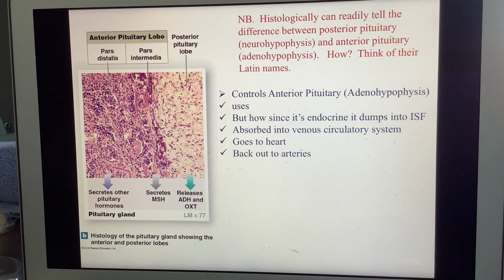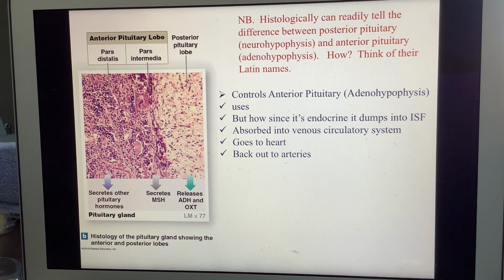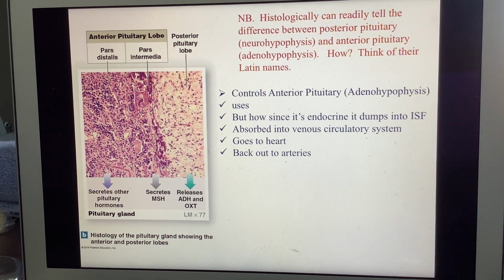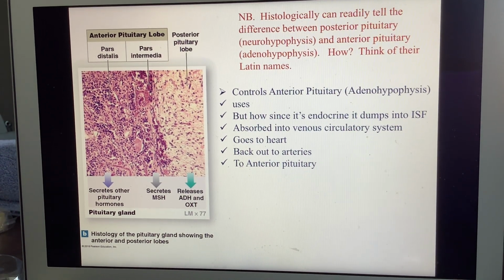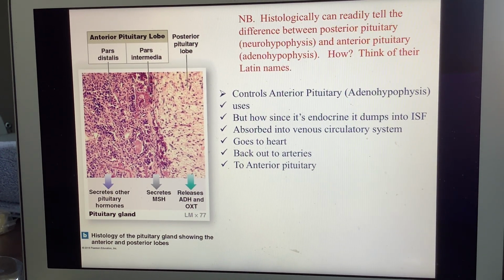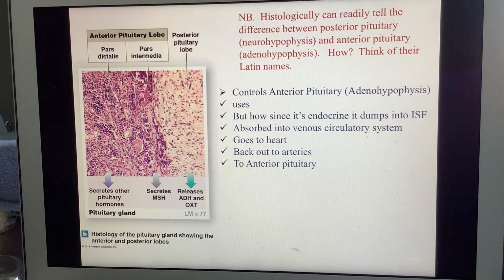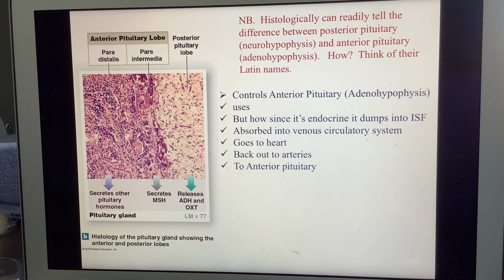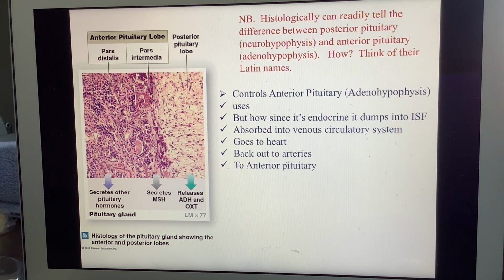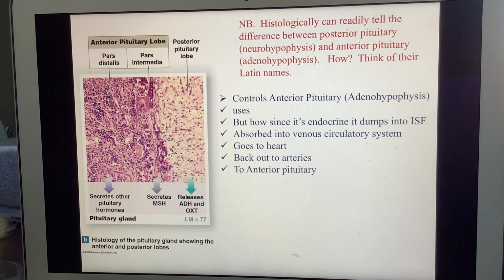It's going to go back out from the heart to the arteries, and then from those arteries, it's going to go to the anterior pituitary. So if the hypothalamus dumped those hormones into interstitial fluid, it would have to go into the venous circulatory system to the heart, to the lungs. Don't forget the lungs are in there.